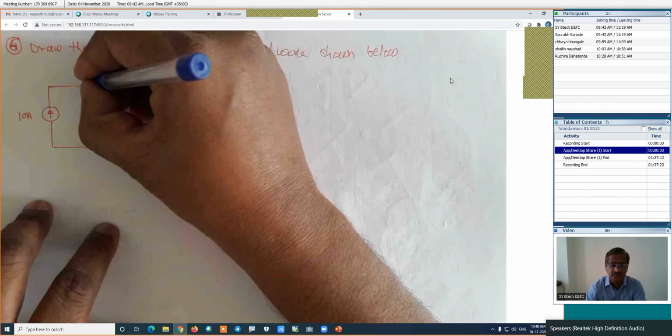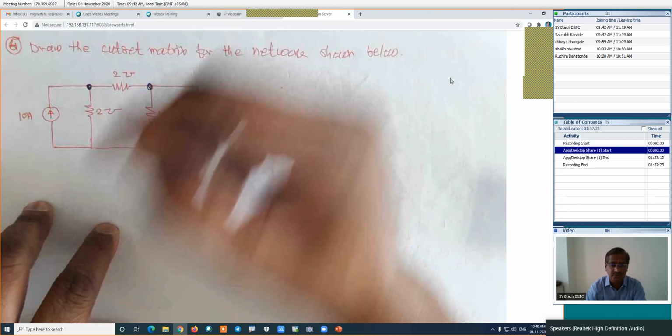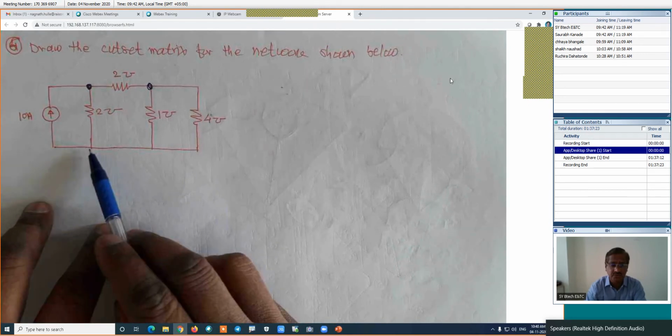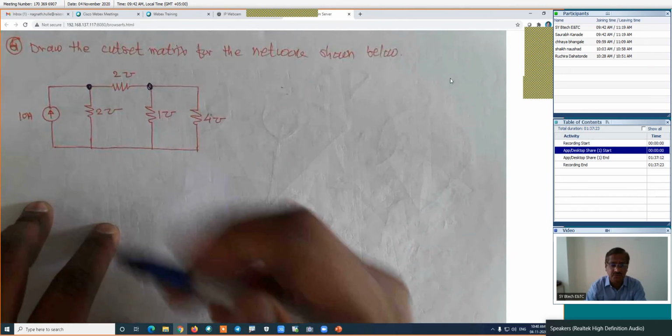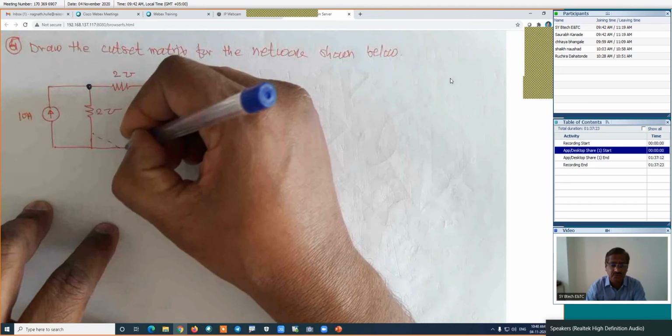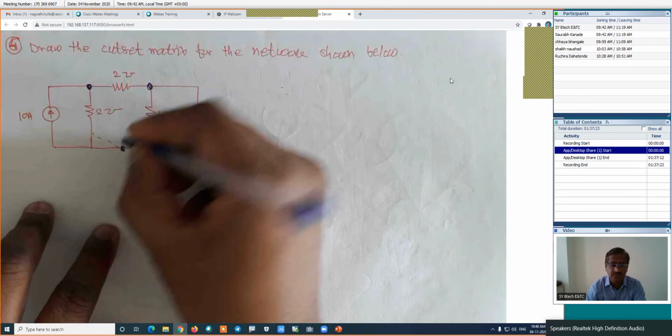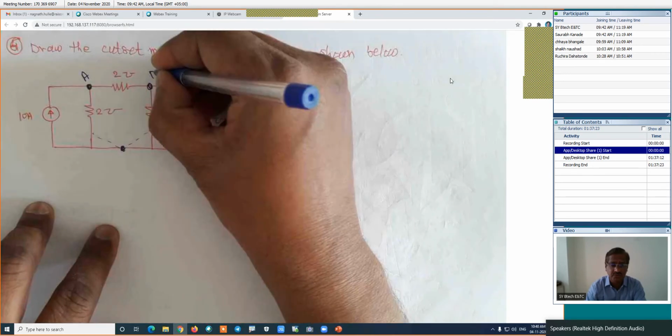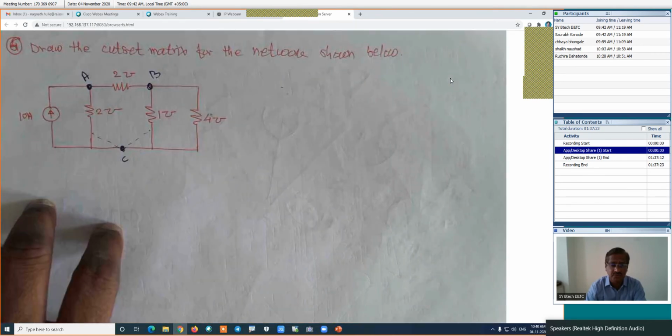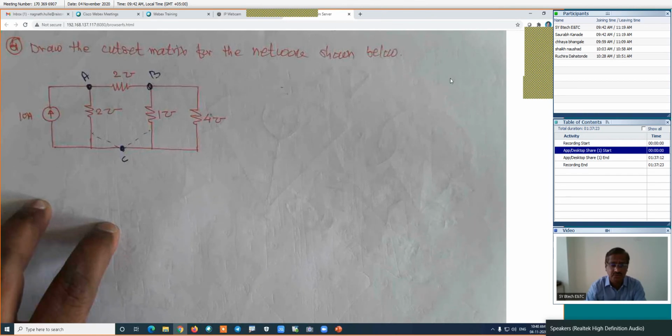This is one node. This is another node. Between these two nodes we don't have anything, that's why these branches can be drawn something like this. That's why this is the third node. This is node A, this is node B, and this is node C.